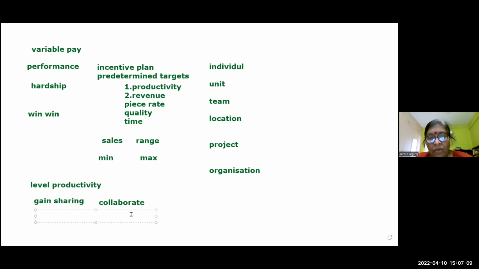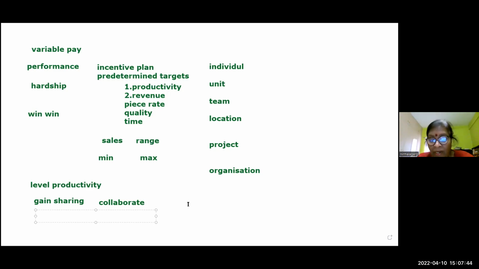For example, functions like sales and production level people, where they are to increase the sales, will have incentive plans. That incentive plan could be at an individual level, a unit level, or a team level. Over and above that, all the other functions, even at manager and senior manager level, would have something like what you rightly stated.